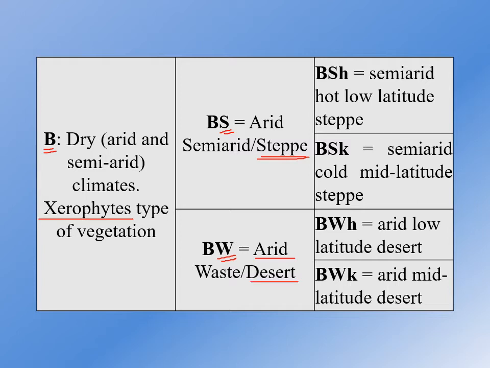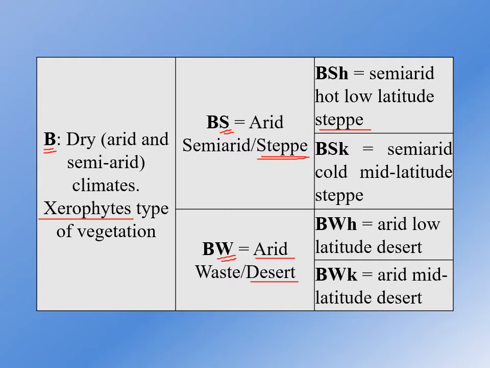Now both these BS and BW types of climates are again subdivided into two groups. The first is BSh, which indicates a semi-arid, hot, low latitude steppe climate, and the second is BSk, semi-arid, cold, mid-latitude steppe climate.